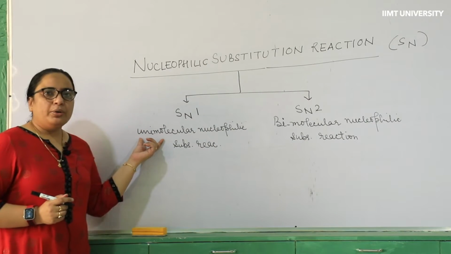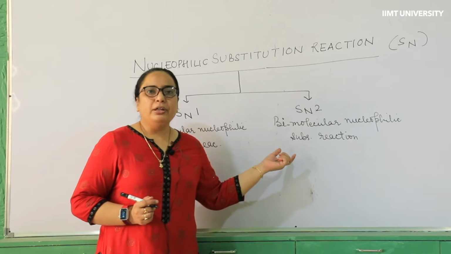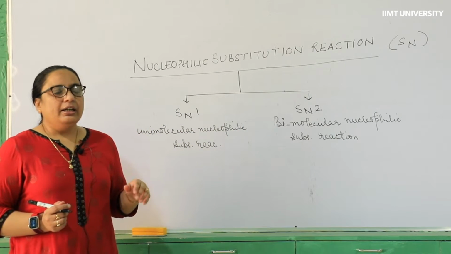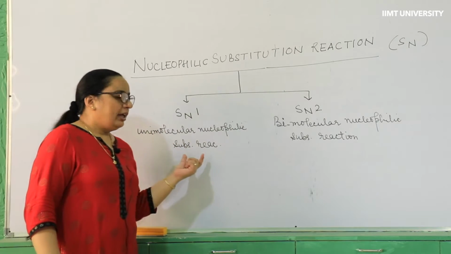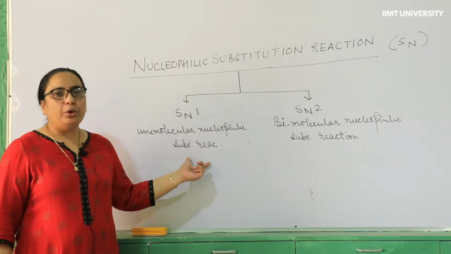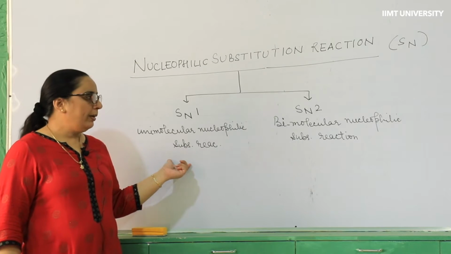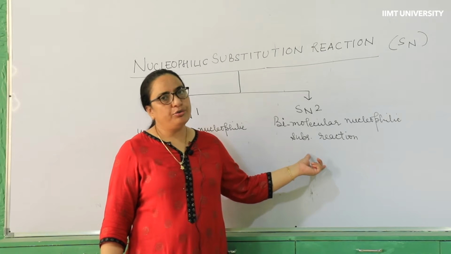This unimolecular and the bimolecular terms depend on the kinetics of the reaction. Kinetics means the rate determining step of the reaction. In the case of SN1 reaction, in the rate determining step, only one molecule is there. That is why it is called unimolecular. And here the rate determining step depends on the concentration of two molecules.